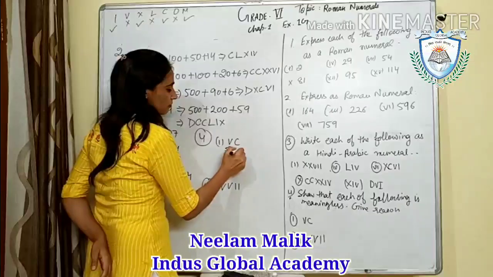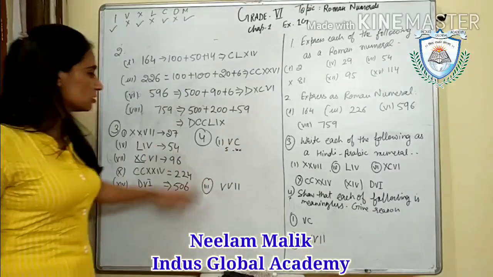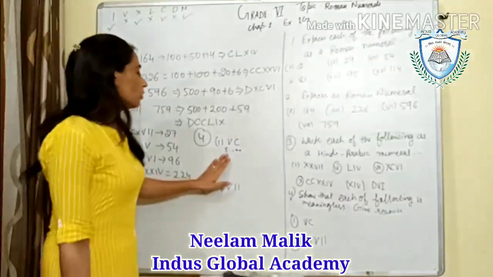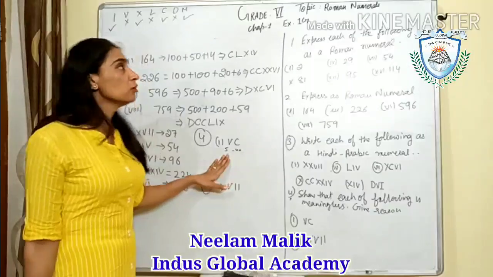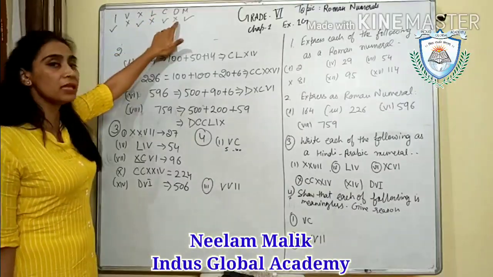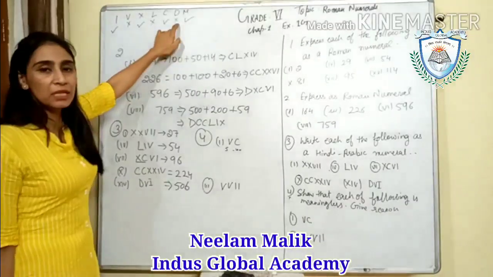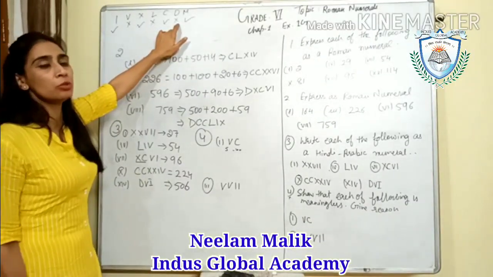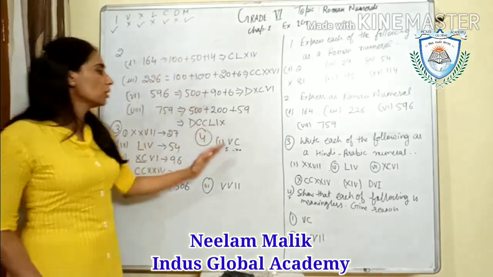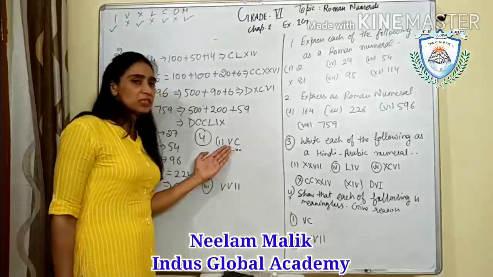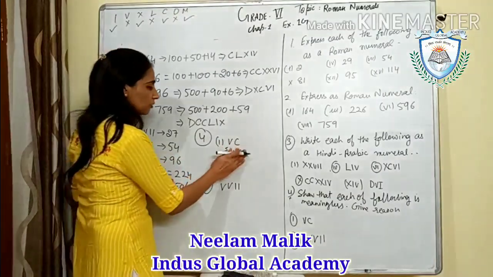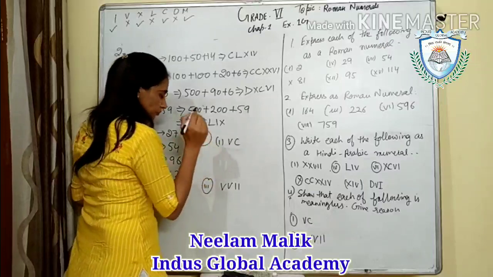So that means this is 95. But we know that we will never repeat V, L and D. And we will never use these symbols on the left hand side. Here it is used on the left hand side. That's why this is wrong. So what will be the reason here?